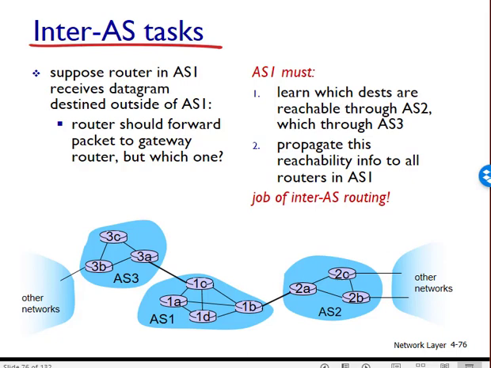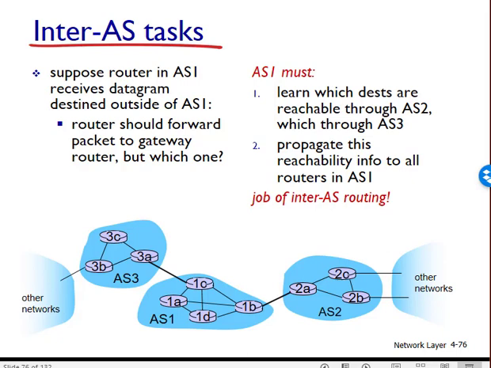But there's still a big missing piece to the end-to-end routing puzzle. How does a router within some autonomous system know how to route a packet to a destination that is outside the autonomous system? It's easy to answer this question if the autonomous system has only one gateway router that connects to only one other autonomous system.